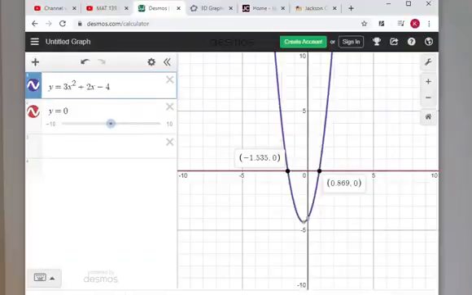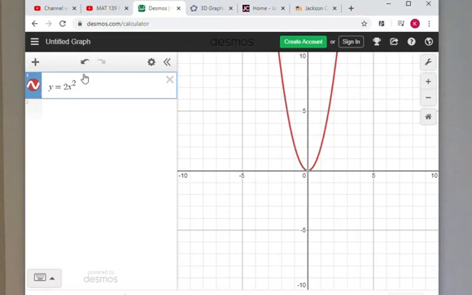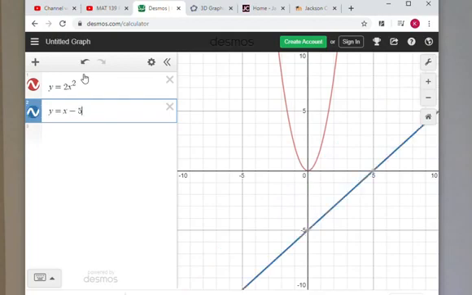So I'm going to pop on over to Desmos. 2x squared was my left-hand side, and x minus 5 for the right-hand side. Now what you'll notice here is that these two graphs never intersect. There are no intersection points. Therefore, there are no solutions to this system.